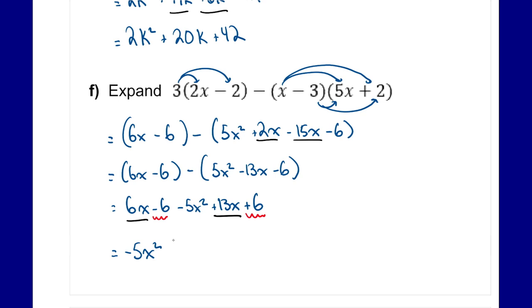So minus 5x squared. I have my x's next: 6 plus 13 is plus 19x. And minus 6 plus 6 cancel each other out, so I don't have to put anything. I could put plus 0 if I wanted to, or I could just say minus 5x squared plus 19x. And that's my expanded form.